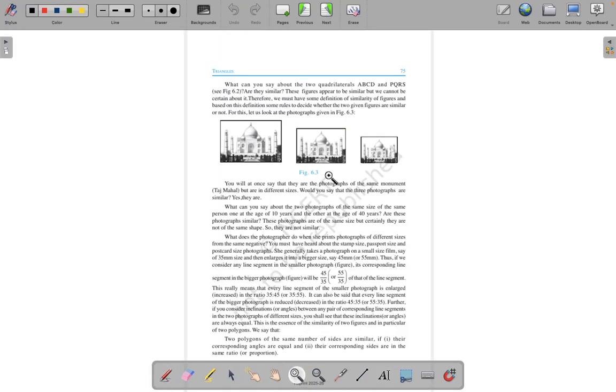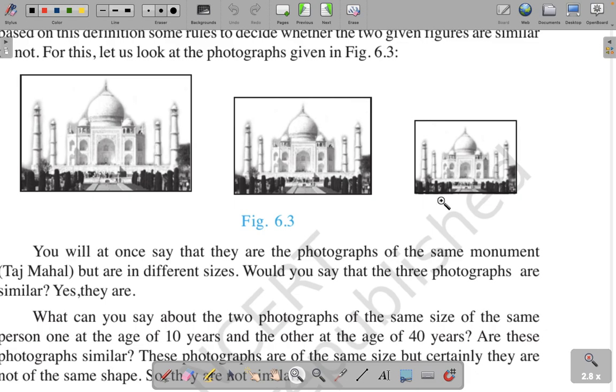Say for example you have this image. You clicked an image and then you try to print it using different papers. So these are three different papers on which you have printed this image. Are these similar?